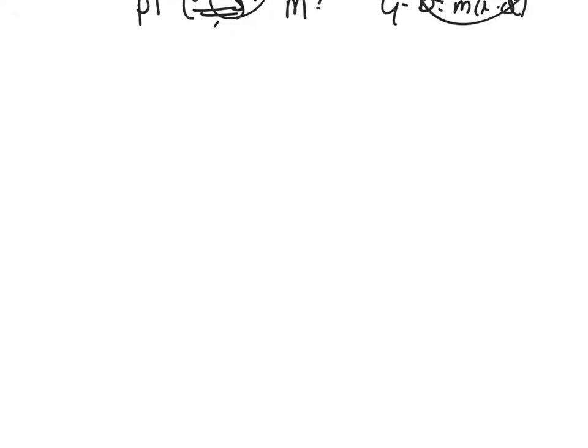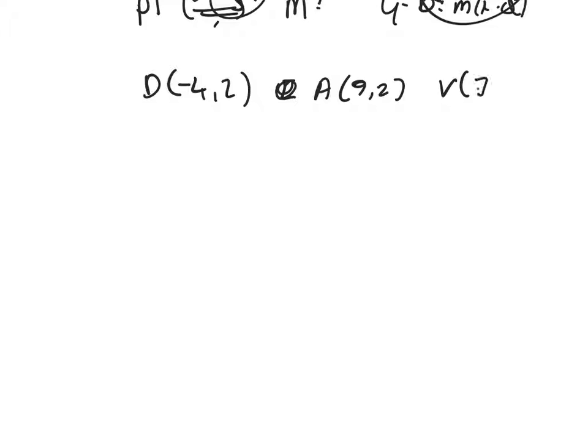Okay, let's try a second example. Find the equation of the perpendicular bisector of each side of the triangle with vertices D (-4, 2), A (9, 2), and V (7, 1).